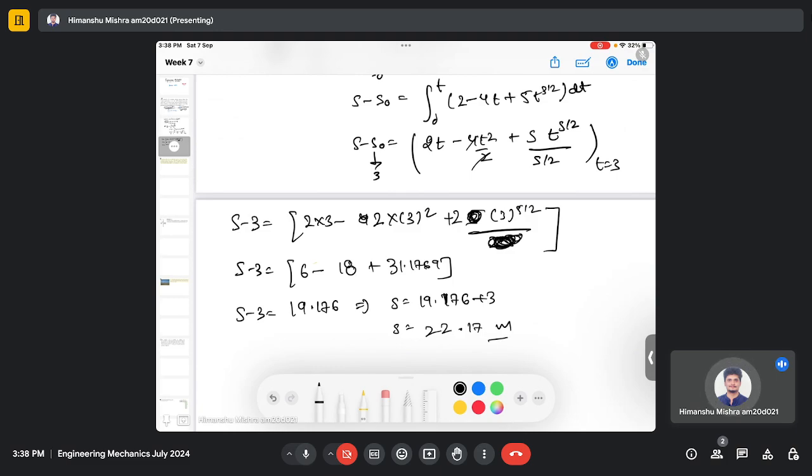So my position at time 3 seconds will be 22.17. So at time 0 my position was 3 meters, and at time 3 seconds my position is 22.17 meters.